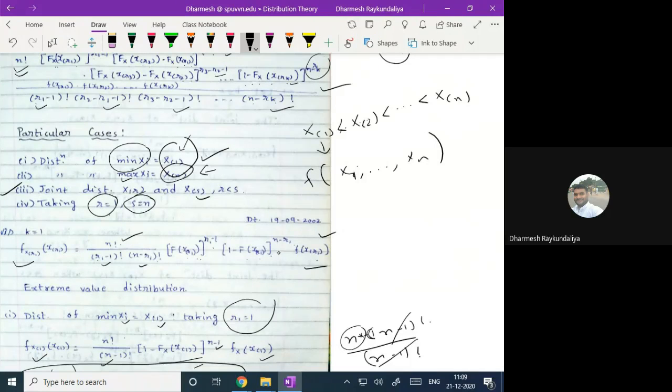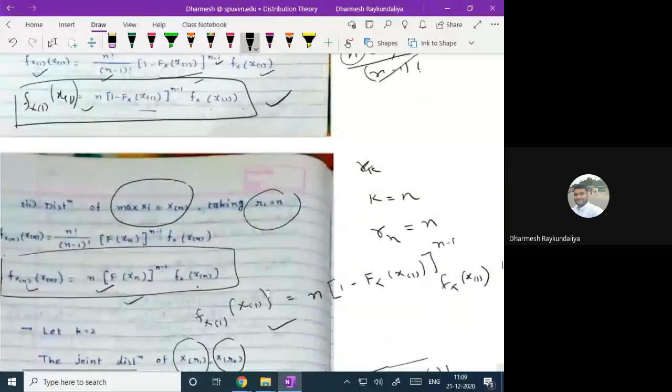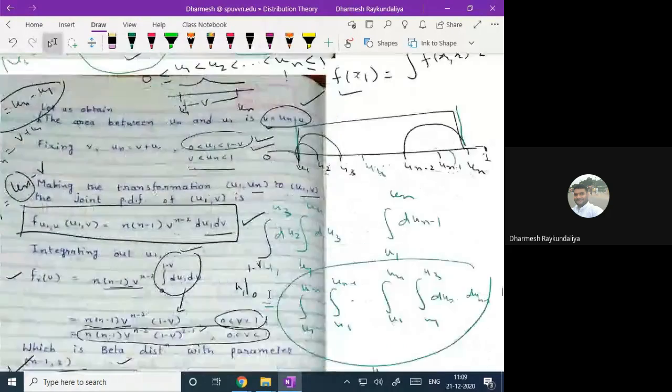And instead of this, if I'm saying it is f of ui, then r becomes i, so it is n factorial upon i minus 1 factorial n minus i factorial. This is ui raised to i minus 1 and 1 minus ui raised to n minus i into f of ui. So that is what I have written here.